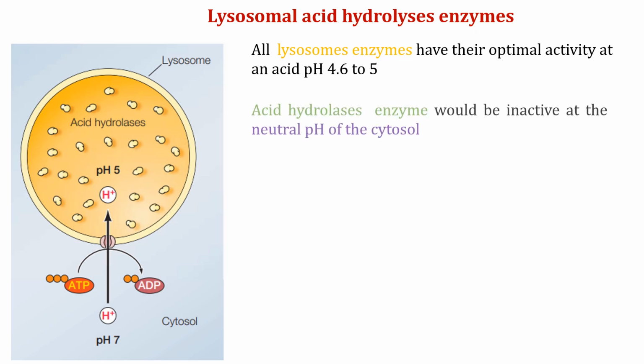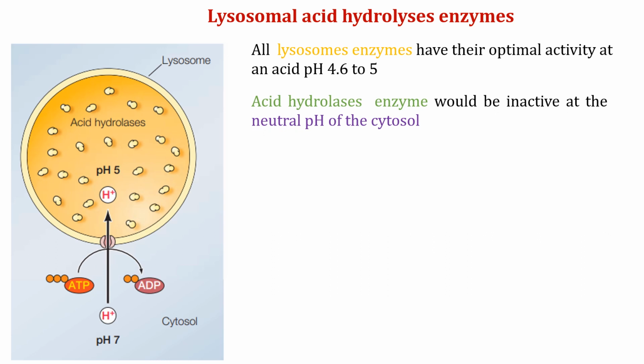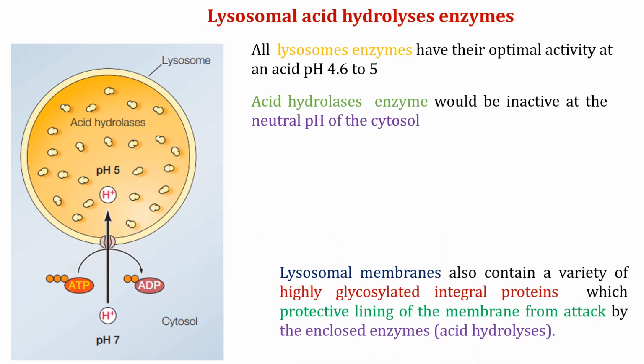Acid hydrolase enzymes would be inactive at the neutral pH of the cytosol, that is pH 7. That's why, to maintain that acidic internal pH, the lysosome must actively concentrate hydrogen ions.